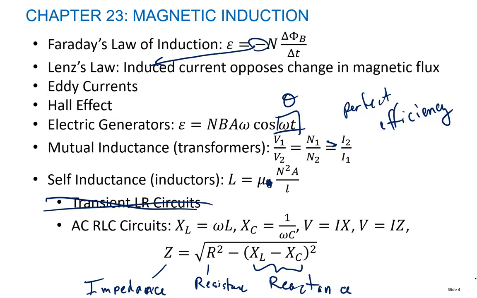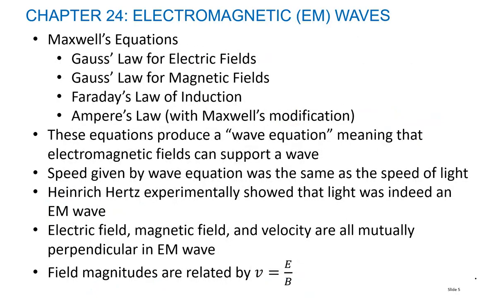And finally, chapter 24, we had Maxwell's equations. Important things for you: Gauss's law for electric fields. You already know that in other terms, that the electric field lines go out of positive into negative. It's not a new thing. Faraday's law of induction.